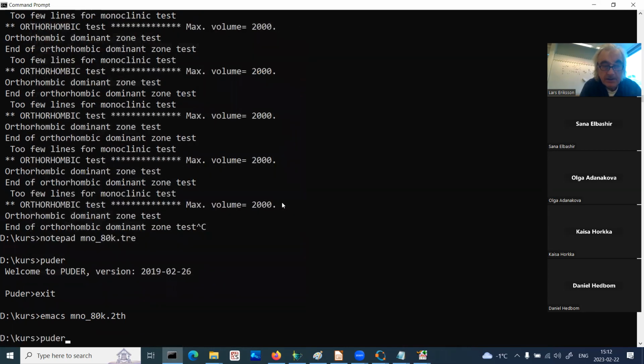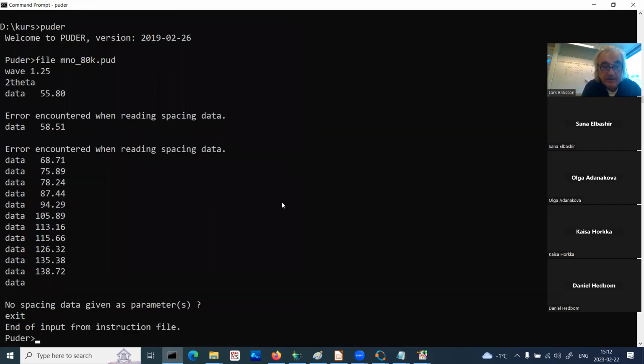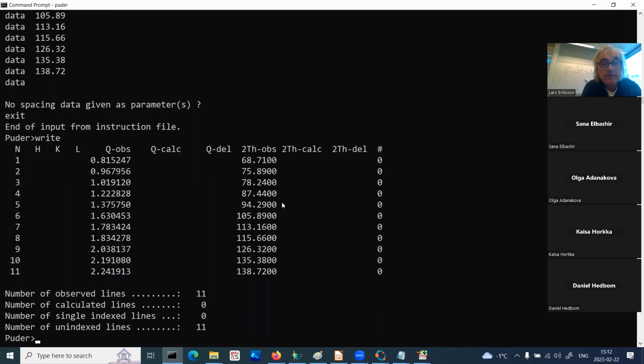We'll see. Here is yet another program that I use for conversions and refinements and such things. It has no spacing data, sorry. But these are the spacing data, yes.